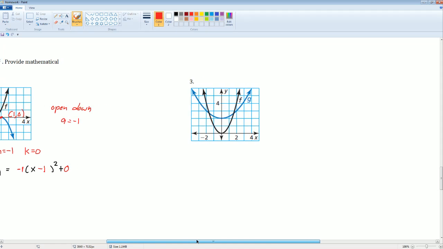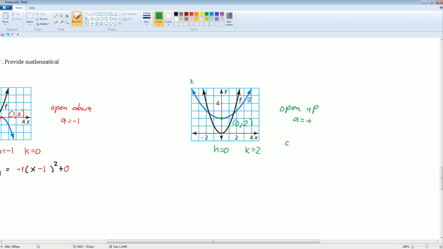And next, let's do this one. It starts with the black, then it goes to the green. That's fine, it's vertex first. So the new vertex here is at 0, 2. So h here is 0, and k is equal to 2. It still opens up, so the a has to be a positive number. Oh wow, look, it got stretched.